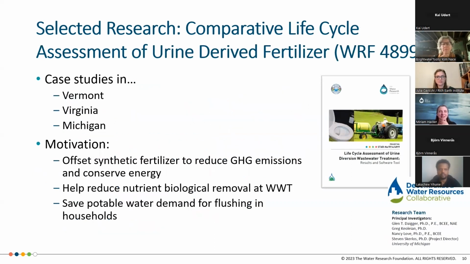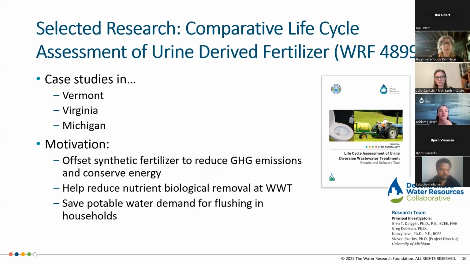And some of the work that the Water Research Foundation has done has focused on life cycle assessment and being able to understand how can urine diversion benefit treatment plants in the US. And so there was a life cycle assessment done in 3 different case studies with different motivations. One was strict effluent requirements. Another was a little bit typical requirements for effluent, but also larger populations.